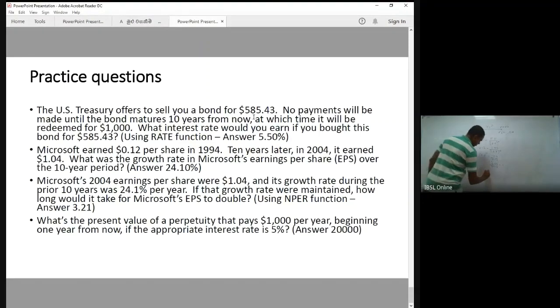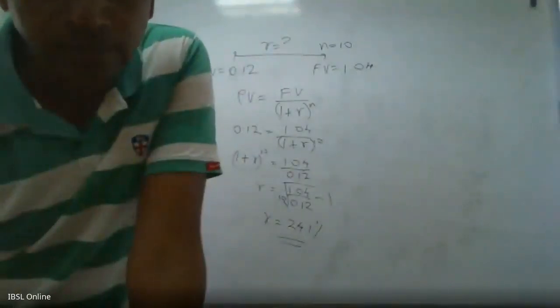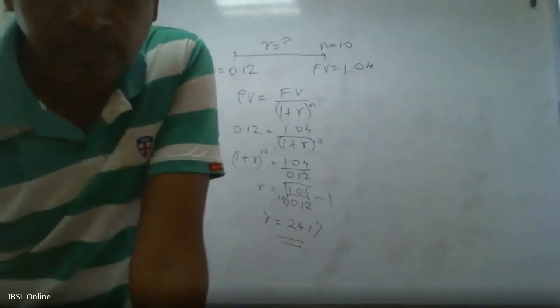You should get 24.1%. And that was a very similar question to the first one. Any questions?